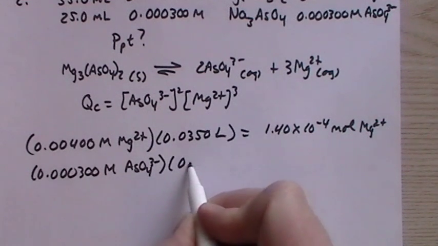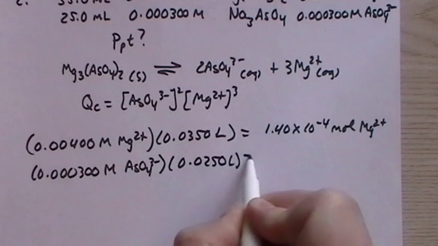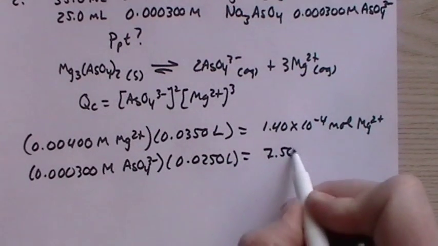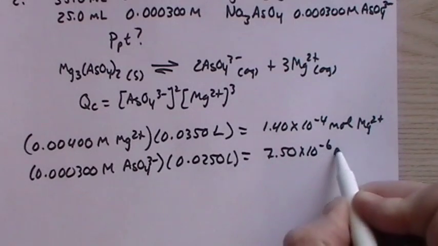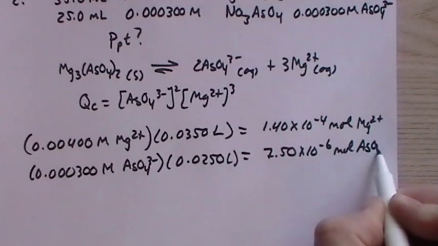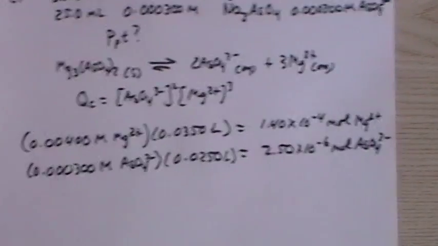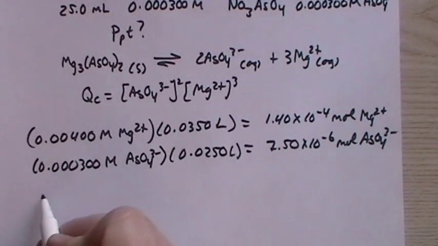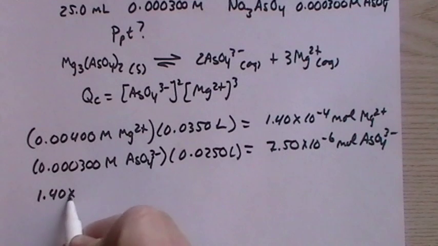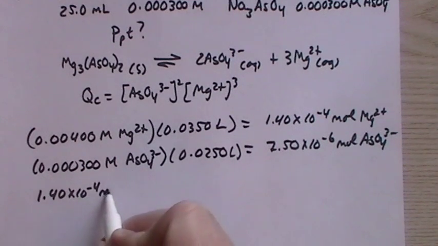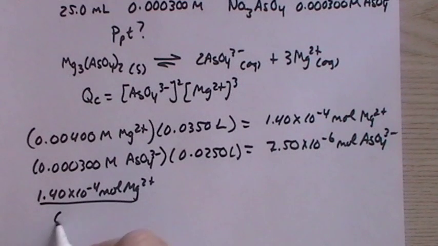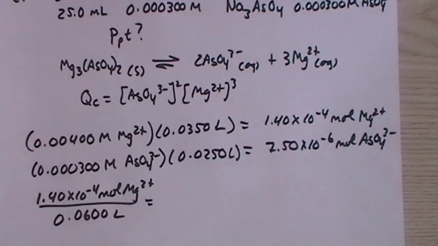And then this comes up to be 0.02. And this is 7.5 times 10 to the minus 6 moles of arsenate ion. Make sure that we're on the page. Yep. And then 1.40 times 10 to the minus 4 moles of magnesium ion divided by the new volume, which is 60 mils, or 0.06 liters.